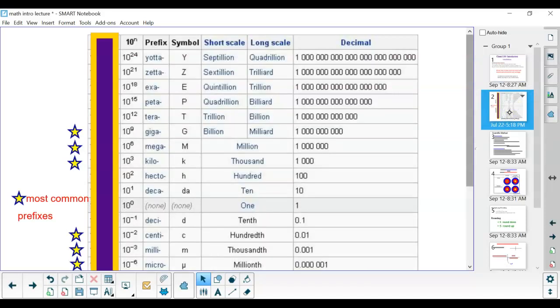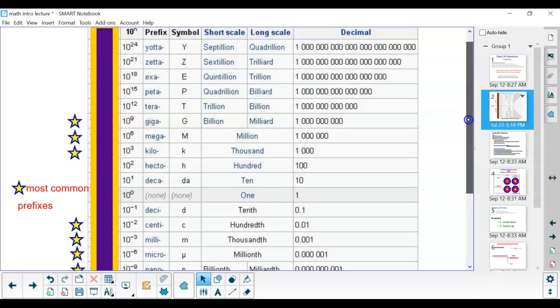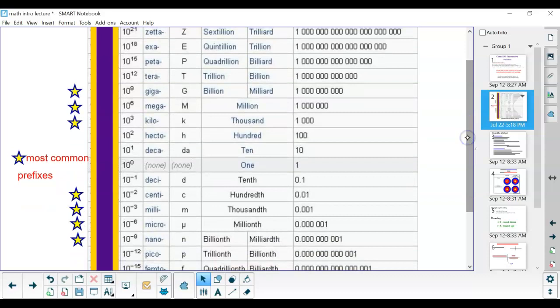So the prefixes in the metric system, there are a whole bunch of them, but we're really only interested in these 7. Billions, millions, thousands, hundreds, thousands, millions, and sometimes billions.